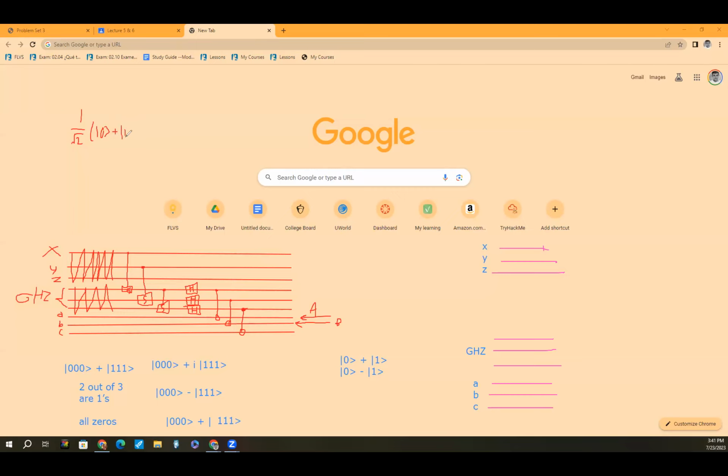Applying Hadamard is self-inverse in a sense. So applying Hadamard to this would simply result in, and I think there's a tensor here, but pretty much after simplification, you just simply get the 0 state, which always measures to 0. So if there are no S gates, Alice, Bob, and Charlie will always measure 0. So they'll always just choose 000.